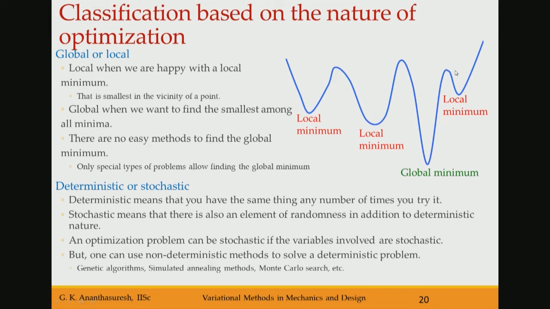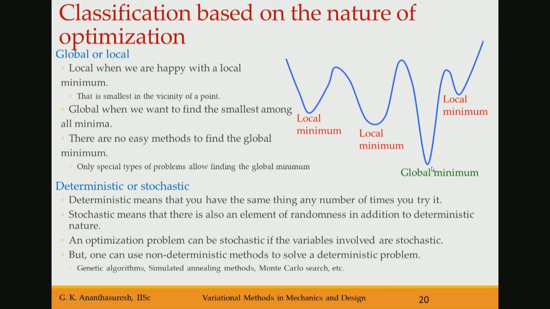They are all local minima, only in the vicinity they are minima. If I look only in this region, that is a minimum. If I look at the entire region, then these are not the best minima. The best one is here, that is a global minimum. Global minimum is also a local minimum.